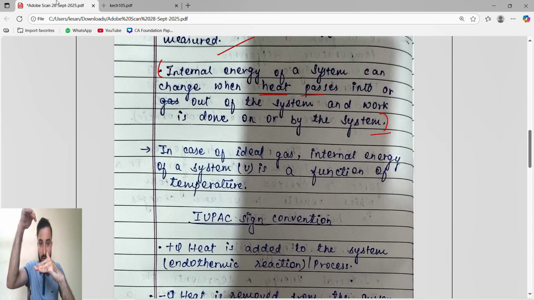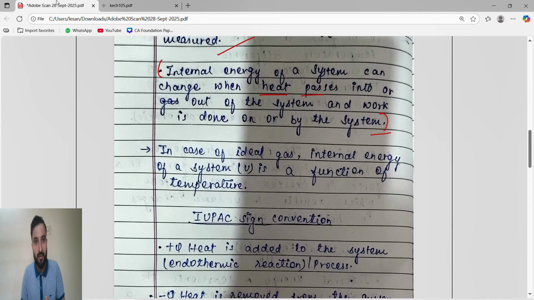Then work is done on the system. If work is done on the system, that means compression, so the space will be less.